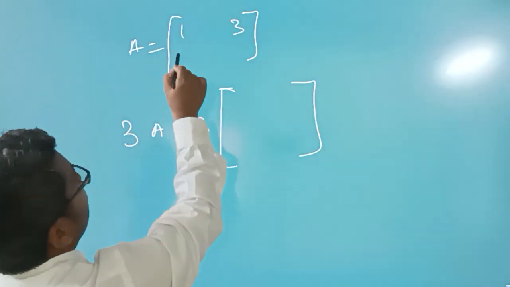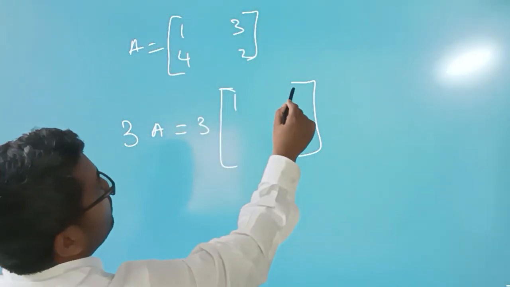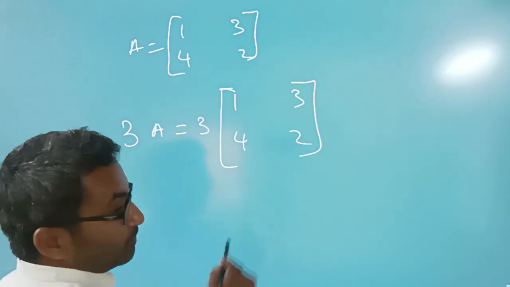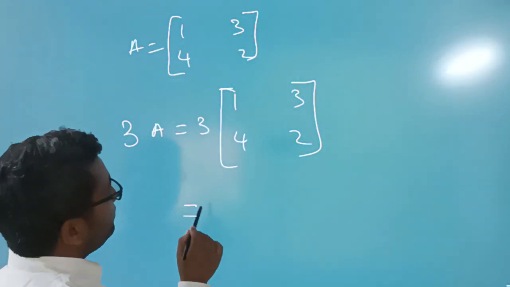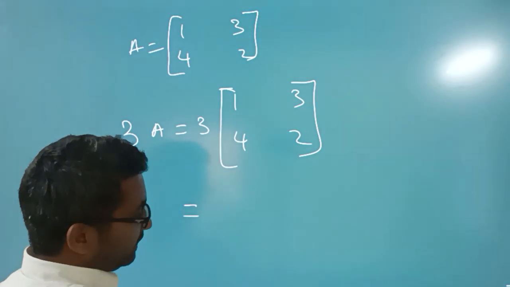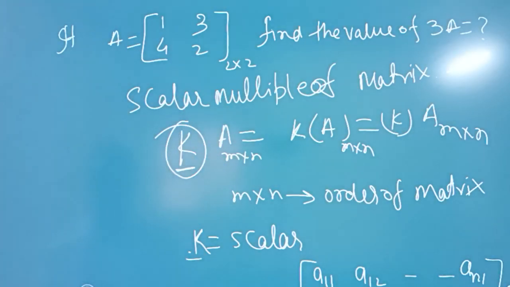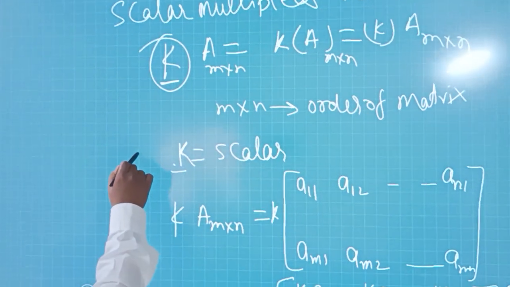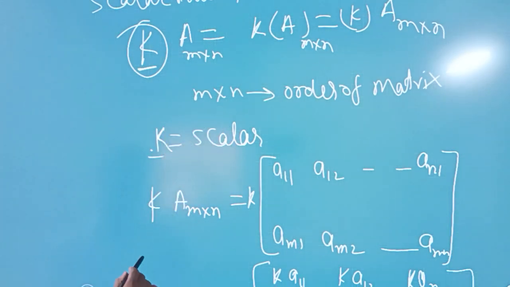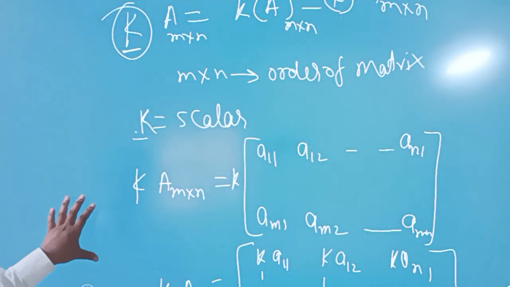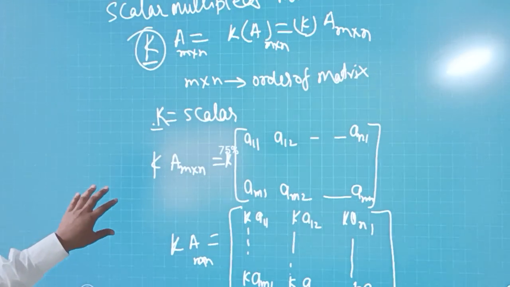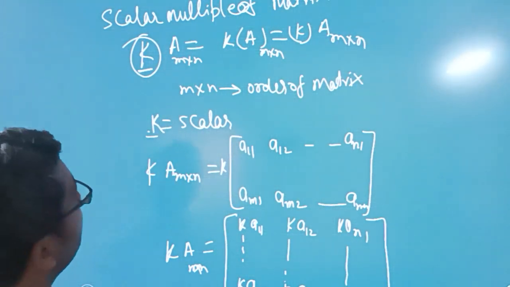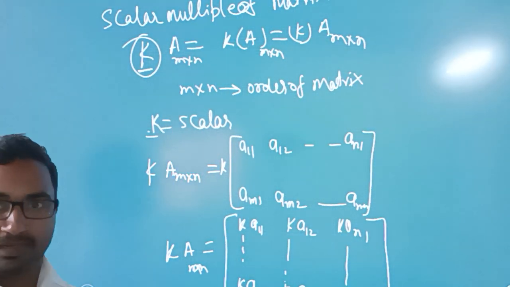The matrix is 1 3 4 2. That is the definition of scalar multiplication of a matrix, the basic process to find the scalar multiple.